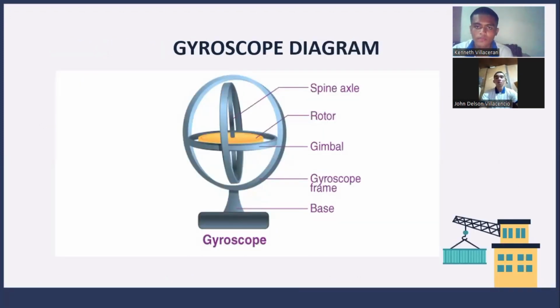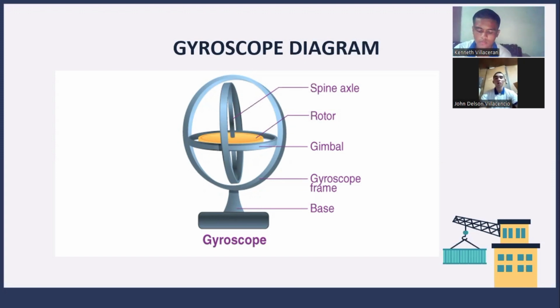This is the gyroscope diagram. First, we have the spin axle. This is the imaginary line that runs through the center of the rotor and along which it spins. The spin axis is always fixed in space, even if the gyroscope is moving.